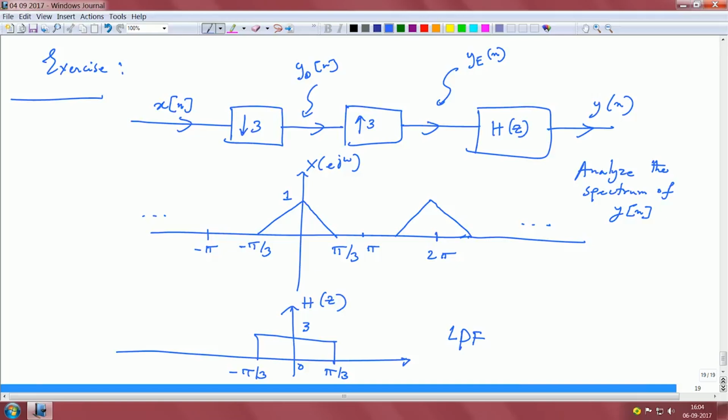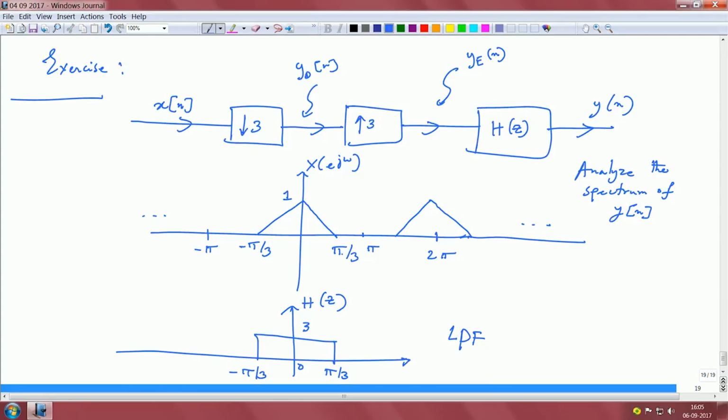I think three important concepts are covered here. One, what is happening after downsampling. You have to understand that the base spectrum would be stretched, and there will be shifted copies.